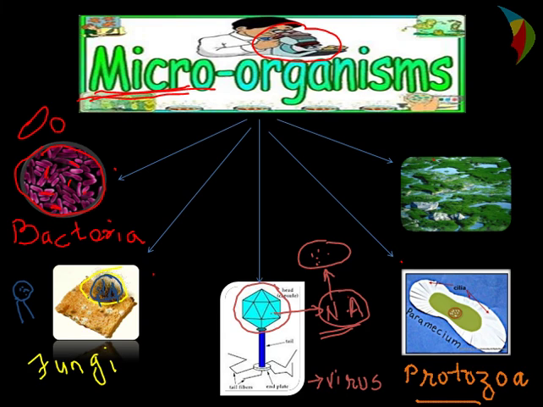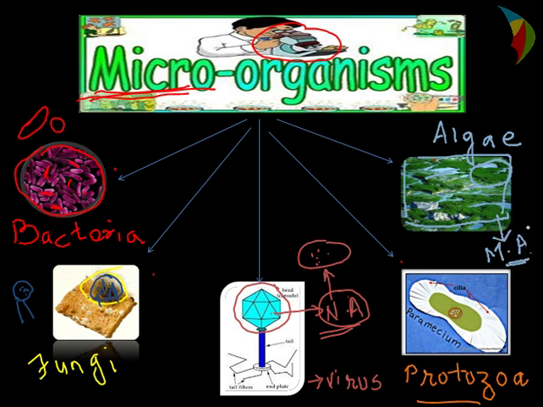Now the fifth type of microorganism is algae. As you can see in the picture, this is algae. Algae is mostly found on water bodies, on the surface. Algae can be observed with the naked eye, but when it is observed under a microscope, it becomes microalgae.